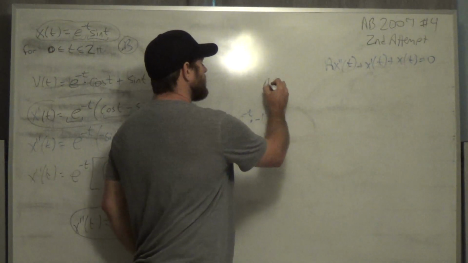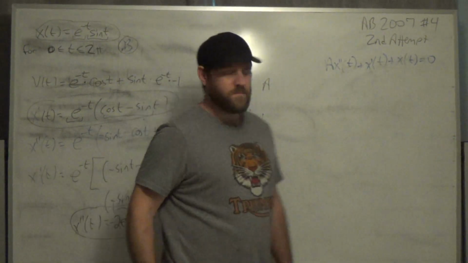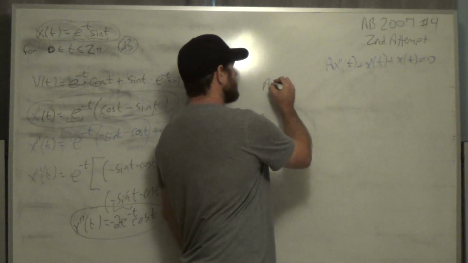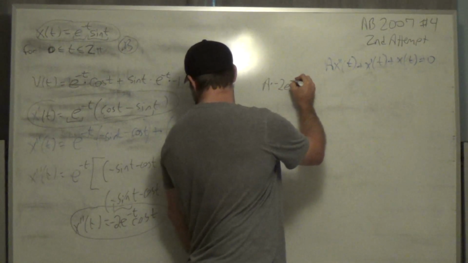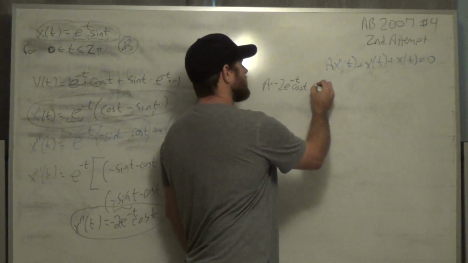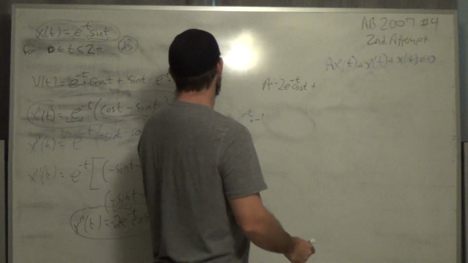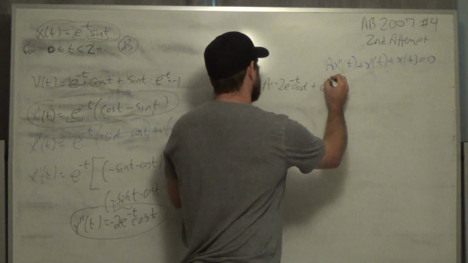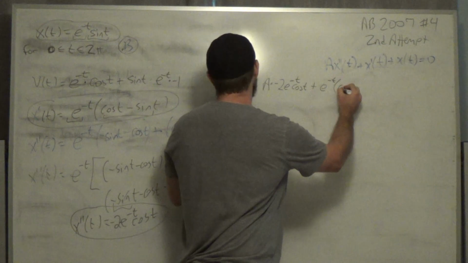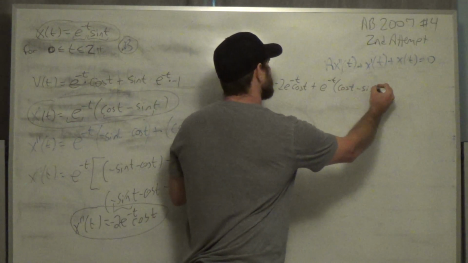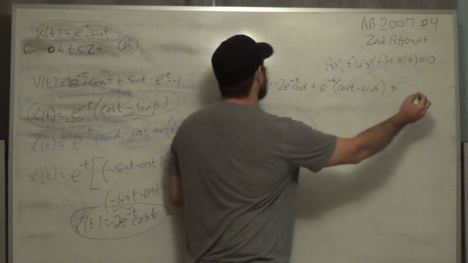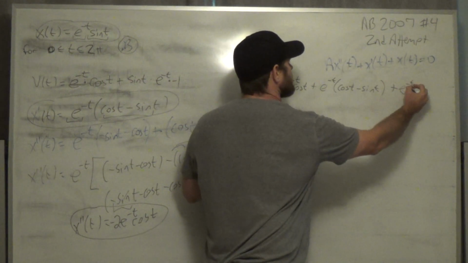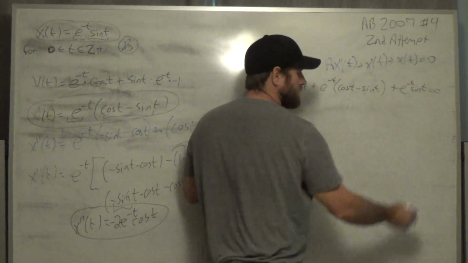So we have a times x double prime t, which is right here, negative 2 e to the negative t cosine of t, plus x prime t, which is right here, e to the negative t parentheses cosine t minus the sine t, and then plus my x of t, my original way over here, which is e to the negative t sine t, and we want to know when does this equal 0.